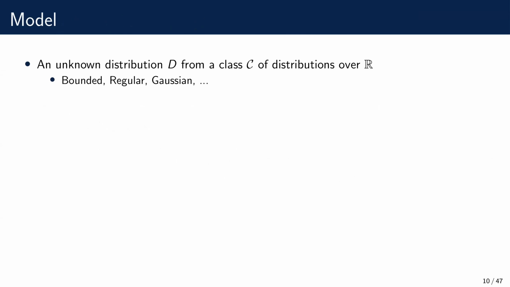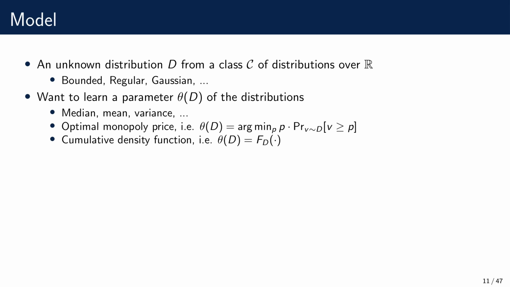To study the pricing query complexity, we first need to specify the class of distributions that we want to learn from. They can be bounded distributions, regular distributions, Gaussian distributions and so on. You can also set restrictions, such as a Gaussian distribution bounded between 0 and 2. Then we specify the parameter of interest, theta.